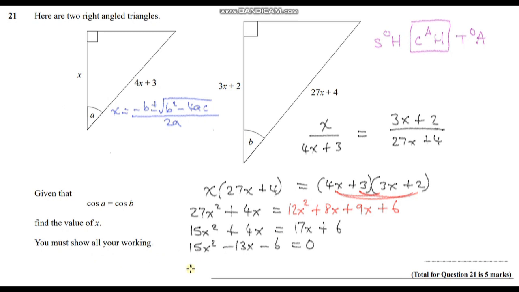So what are our values for a, b and c? I'll just write it down here. So a is 15, b is negative 13, and c is negative 6. So we're just going to substitute these values into our formula.